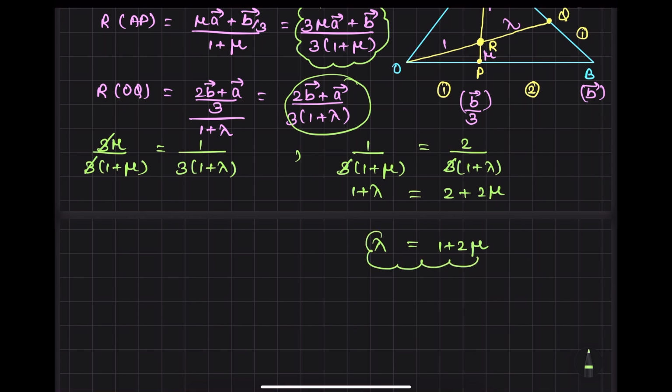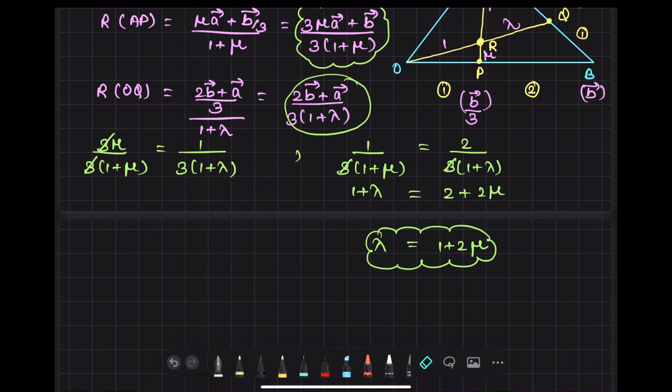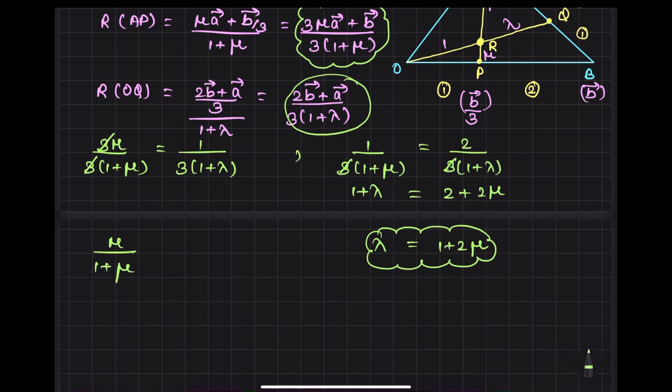So we will substitute lambda in this part. So let's simplify. We got mu by (1 plus mu) equals 1 by 3 times (1 plus 1 plus 2 mu).